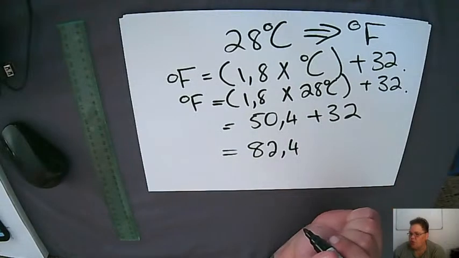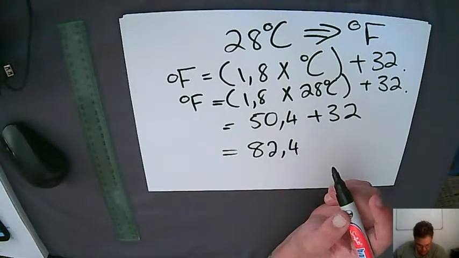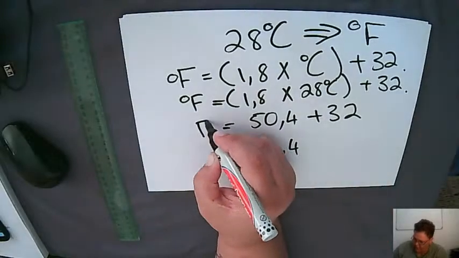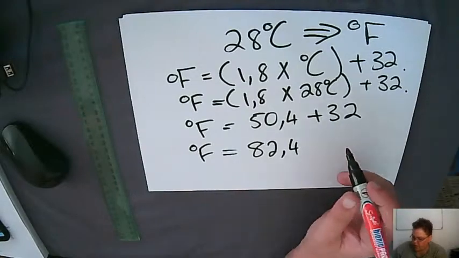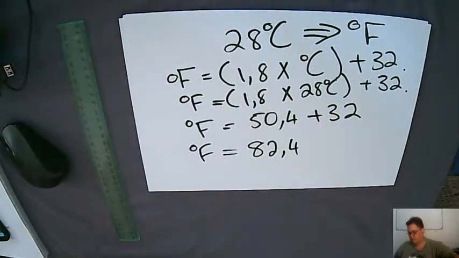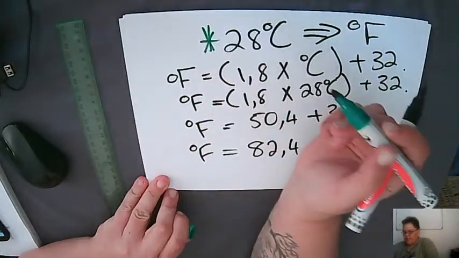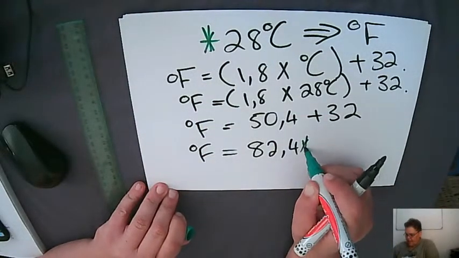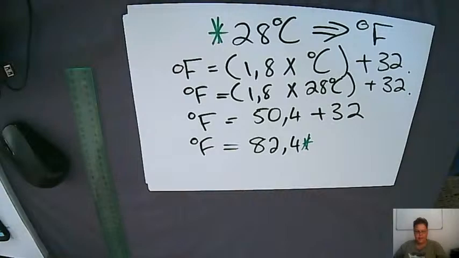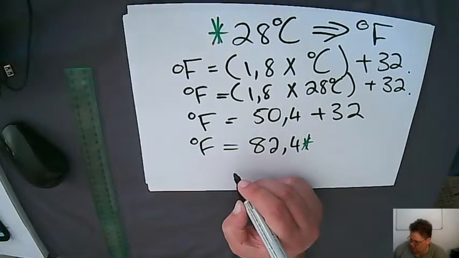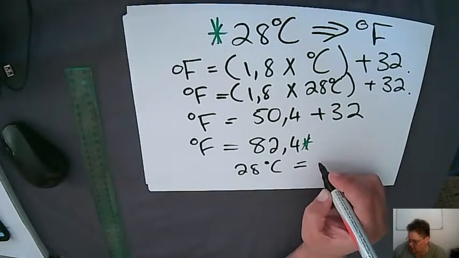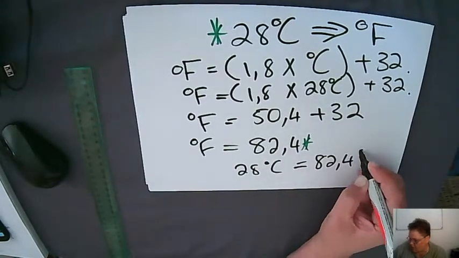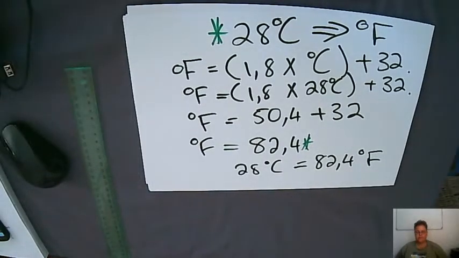And what is 82.4? What are we looking for? We are looking for degrees Fahrenheit. So 28 degrees Celsius is 82.4 degrees Fahrenheit. So you can write it as 28 degrees Celsius equals 82.4 degrees Fahrenheit. Do we all understand that?